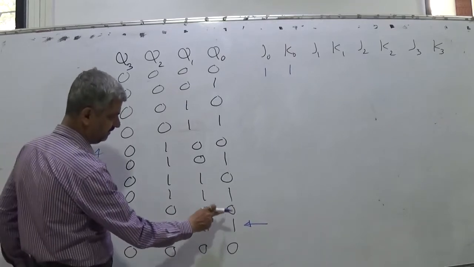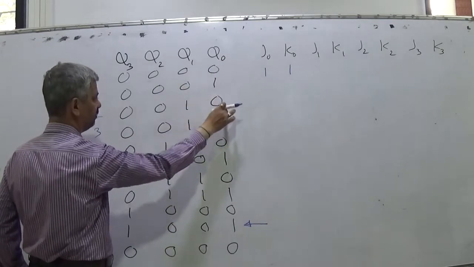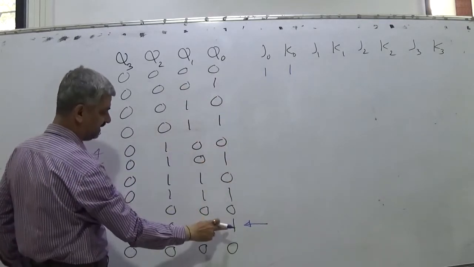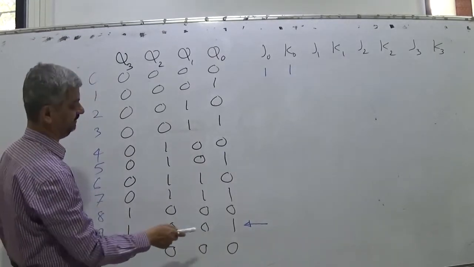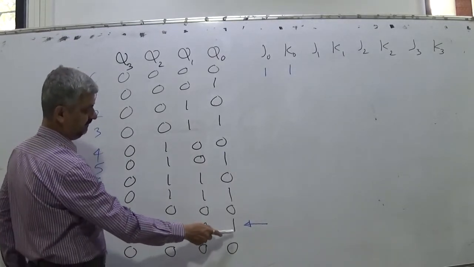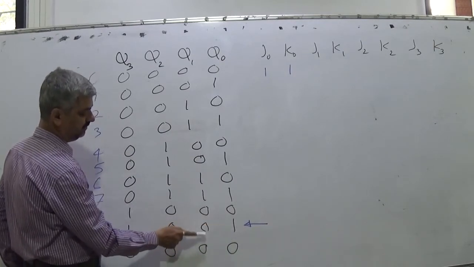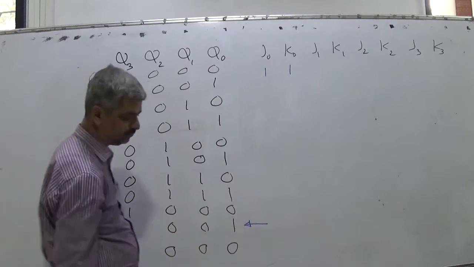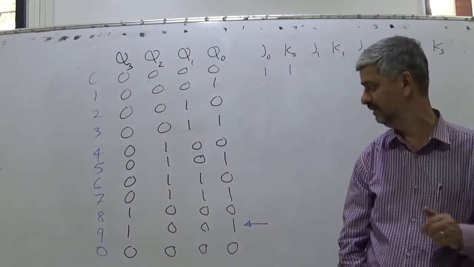Each time when this was 1, you find this toggling. But in this case, if this is 1 here, it continues. So when should it continue and when should it toggle?